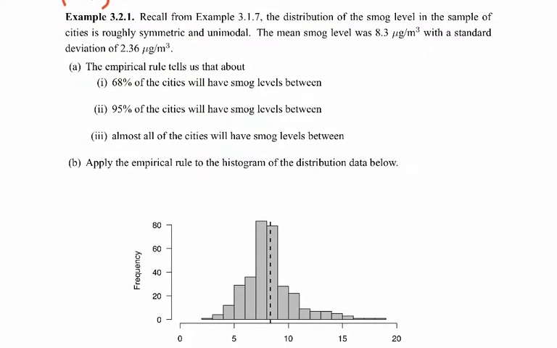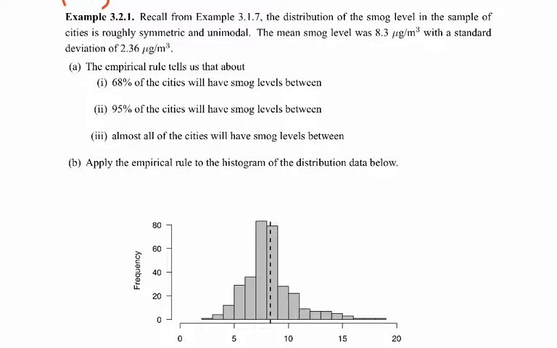So if you remember from the last lesson, we had a distribution of smog levels in a sample of cities. The graph of it is below for you here, and you can see that this was a symmetric and unimodal distribution. The mean smog level, they told us, was 8.3 micrograms per cubic meter, and the standard deviation was 2.36 micrograms per cubic meter.